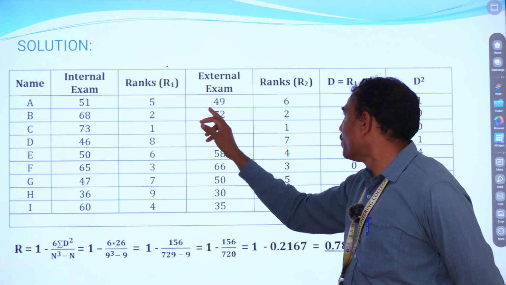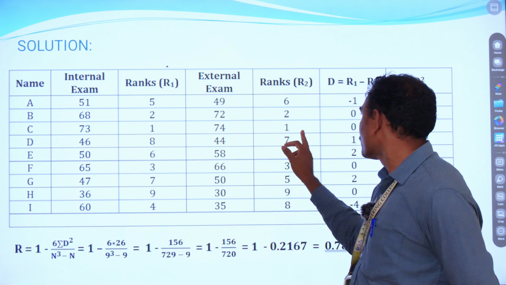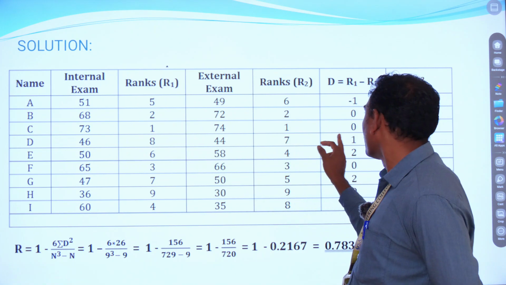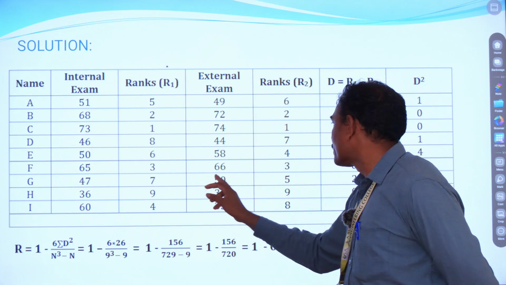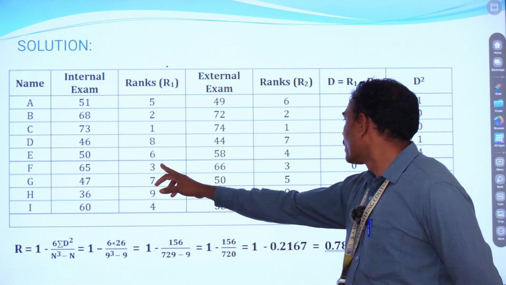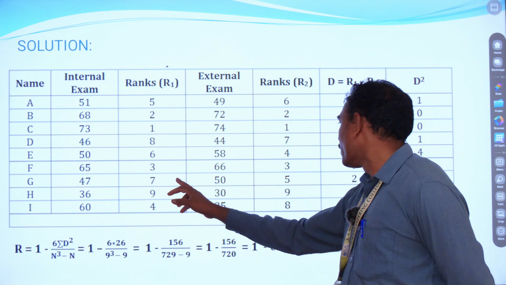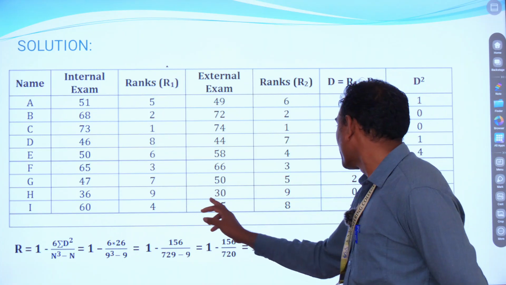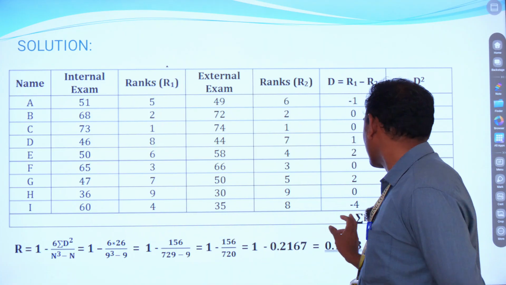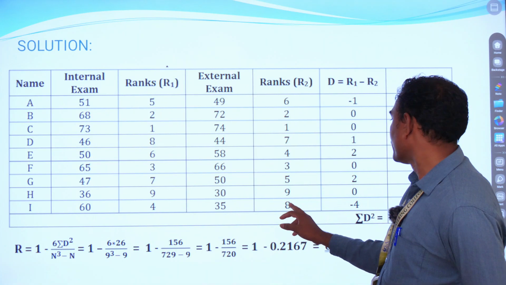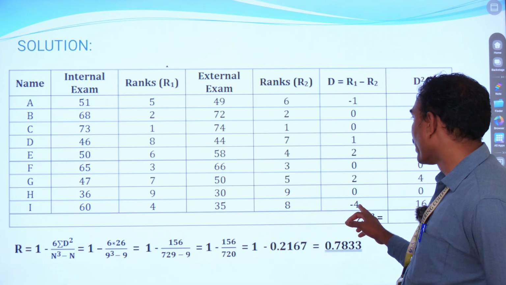The second one, 2 minus 2 is 0, 1 minus 1 is 0, 8 minus 7 is 1, 6 minus 4 is 2, 3 minus 3 is 0, 7 minus 5 is 2, 9 minus 9 is 0, 4 minus 8 is equal to minus 4.